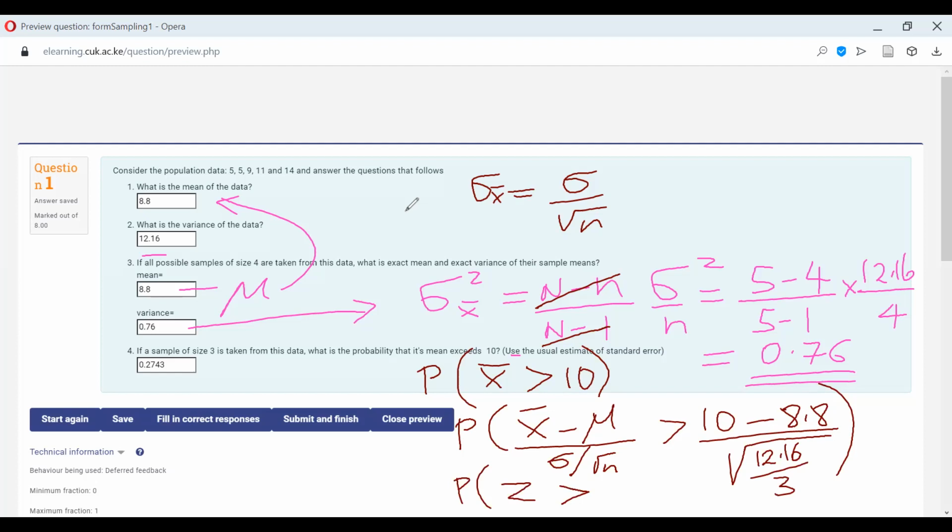So what do we get? I'm using 10 minus 8.8. That will be 1.2. We are supposed to divide that by a square root, and here we have this other computation, 0.16 divided by 3.